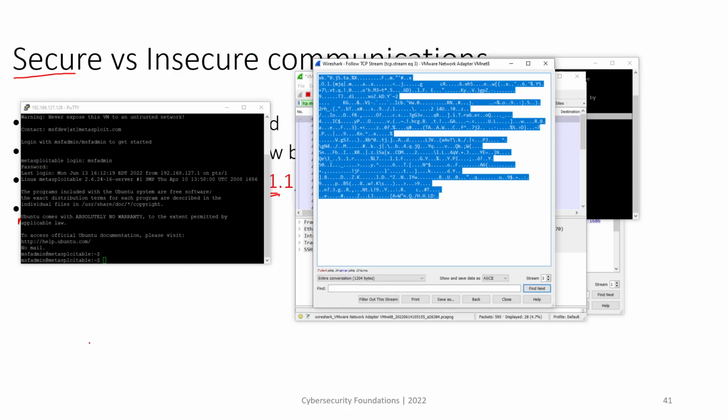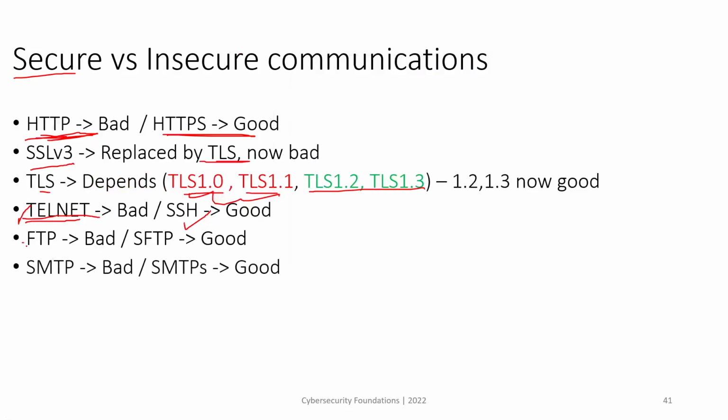We could also have another protocol called FTP, and it is related to file transfer. It is a clear text protocol, while the secure one is the secure file transfer protocol. We can also hear about the term SMTP, which is related to email configuration. But this is clear text, and the secure one is SMTP secure.